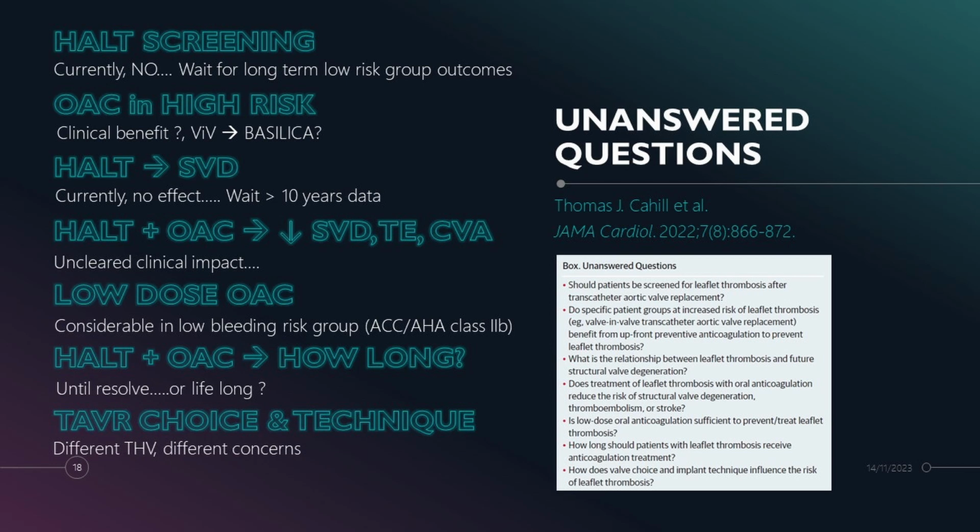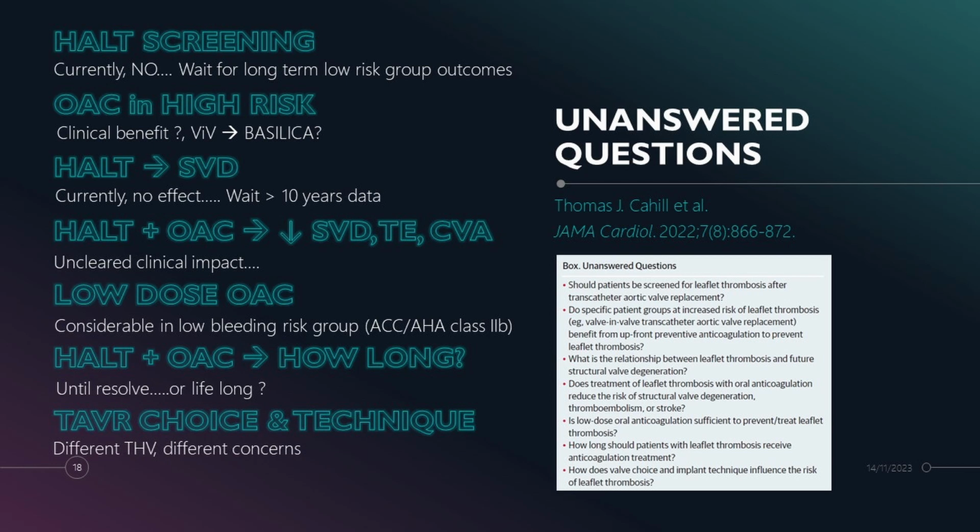The third question is about the relationship between leaflet thrombosis and future structural valve degeneration. Right now, from the surgical AVR data, I think it's possible, and from the histopathology, it's also confirmed. However, for TAVR, currently we don't know.